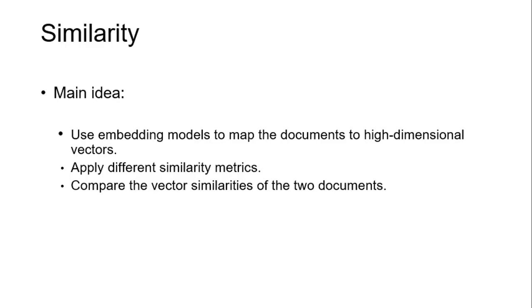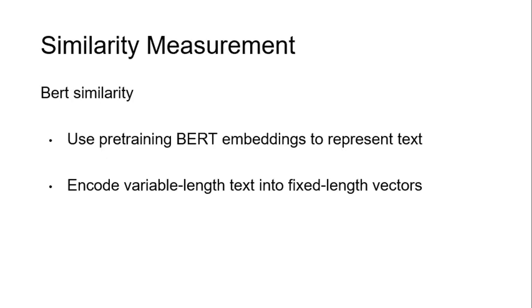Next is the similarity. We first use some embedding models to map the documents into vectors, and then we apply some metrics to compare the vectors of the two documents so that we know how similar the two documents are. For the embedding model, we use BERT.